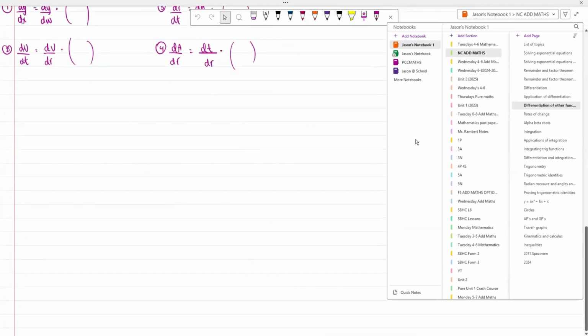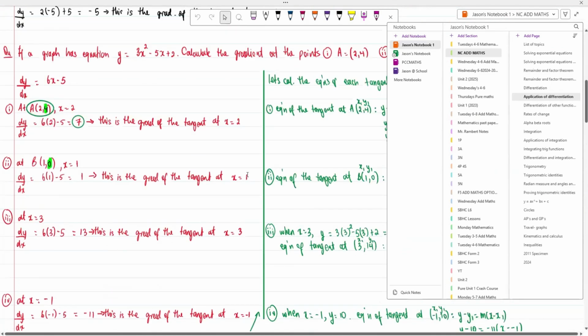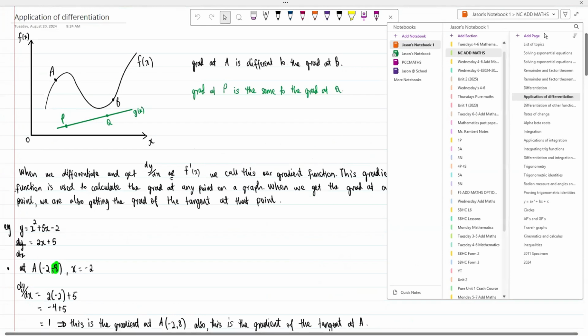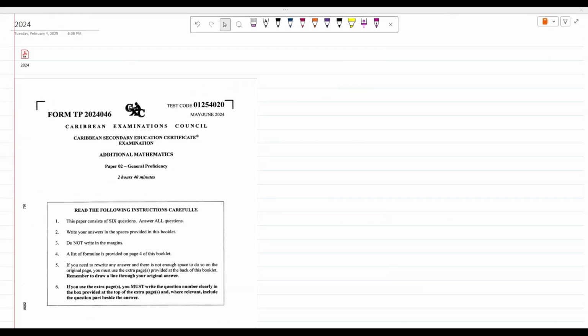I didn't do that earlier. I didn't talk about range and domain earlier. I remember. Let's talk about it now. To talk about it, let's go into GeoGebra.